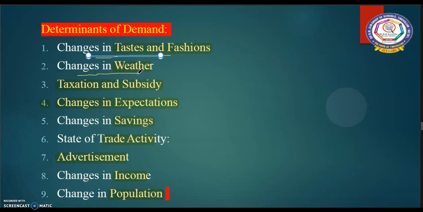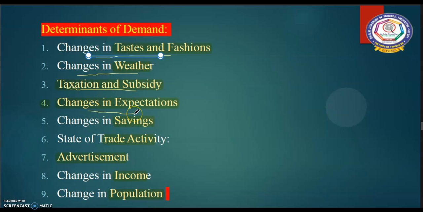For example, a dry summer results in an increase in the demand for cool drinks or for cotton clothes. Next one, taxation and subsidy. If fresh taxes are levied or the existing rates of taxation on commodities are increased, their prices go up. The subsidies will bring down the prices. Therefore, taxes reduce demand and subsidies raise demand.